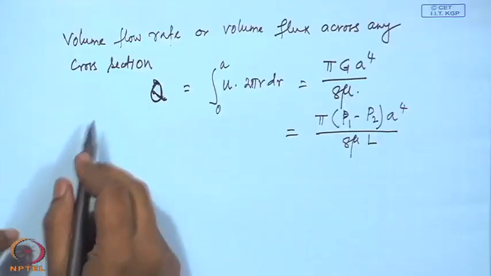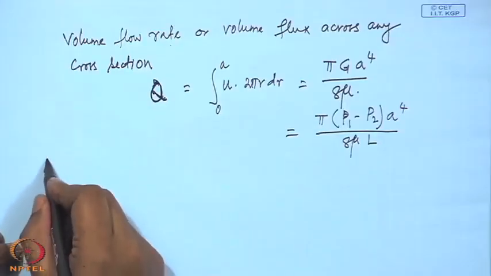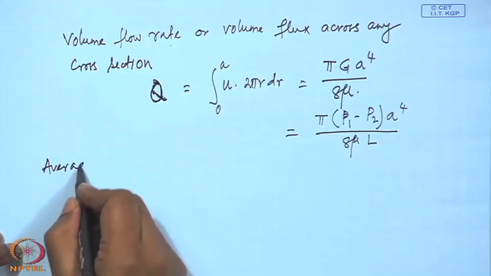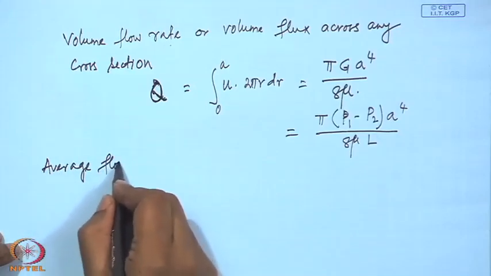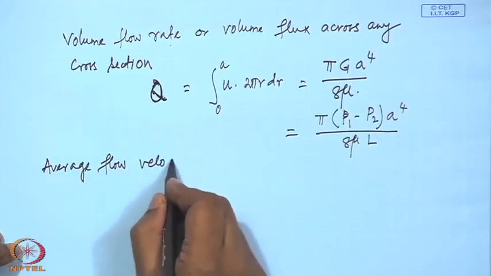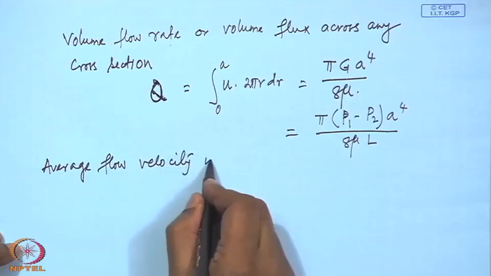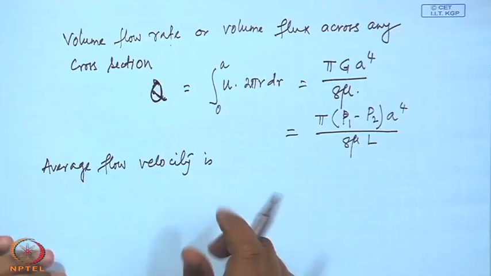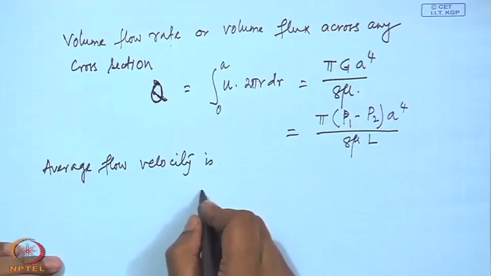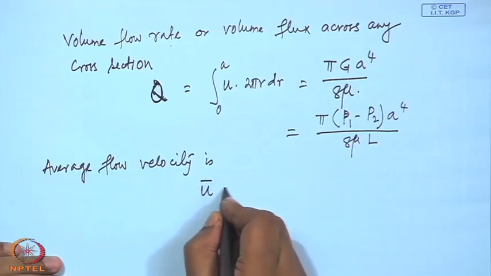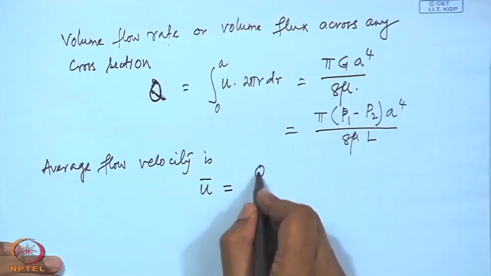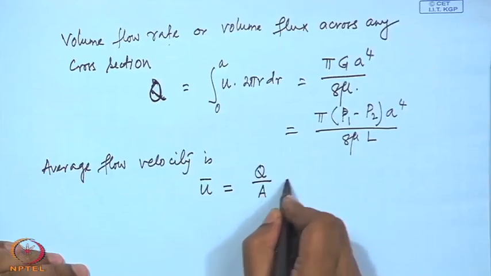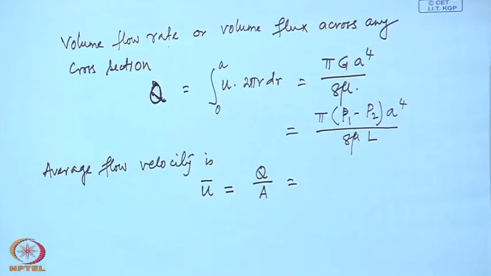And then this average flow velocity can be defined as, we will call it simply u bar, is Q by A. So, what does that become?